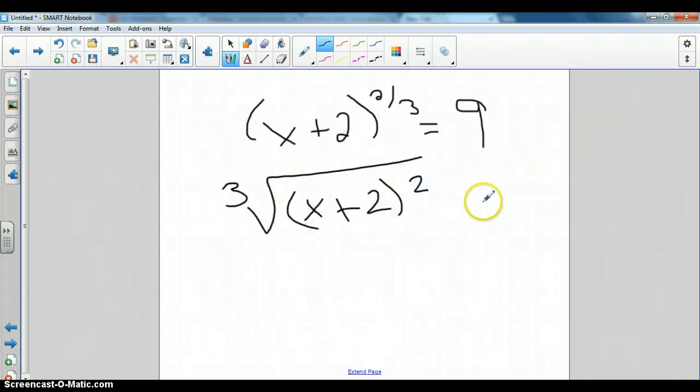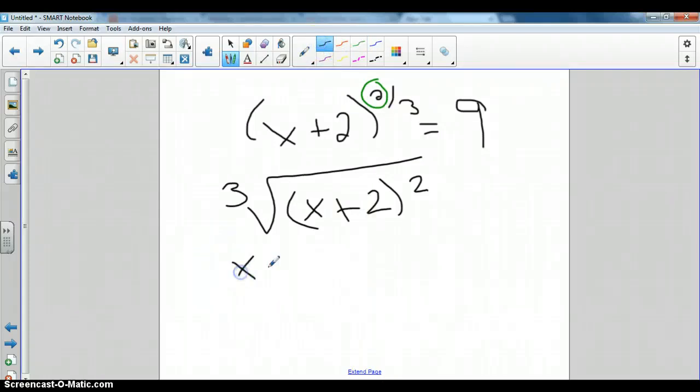And that might be a little confusing, but this top number means that it's like a squaring. So all that means is, like I said before, 3 times 3 is 9, and negative 3 times negative 3 is 9. So in ones like this, if it's got a square, we want to split it into 2 equations, okay? So we'll have 2 answers.